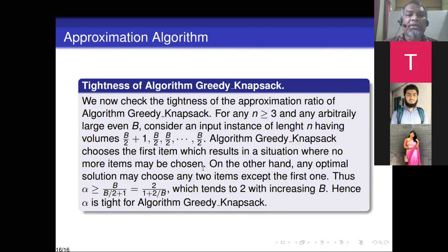So the algorithm greedy knapsack is a tight approximation algorithm in the sense that there is an instance for which this algorithm gives the tight approximation ratio.